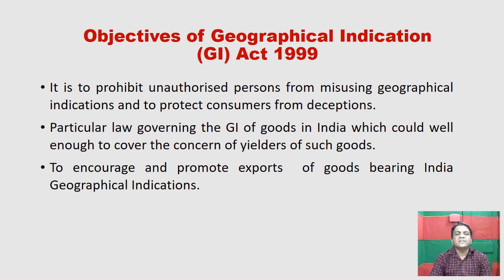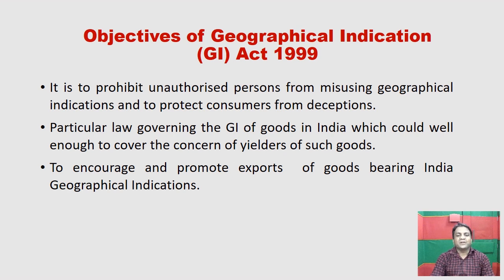Particularly, the law governing the GI of goods in India should be well enough to cover the concerns of the producers of such goods. Then to encourage and promote export of goods bearing Indian geographical indications.